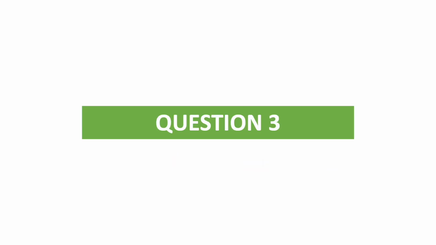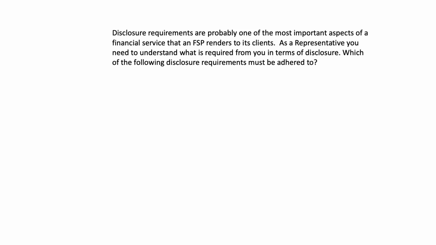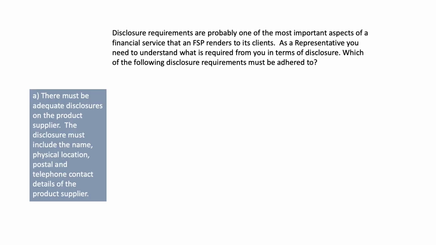Question 3. Disclosure requirements are probably one of the most important aspects of a financial service that an FSP renders to its clients. As a representative, you need to understand what is required from you in terms of disclosure. Which of the following disclosure requirements must be adhered to? A. There must be adequate disclosures on the product supplier.